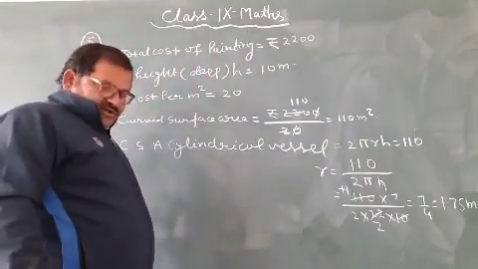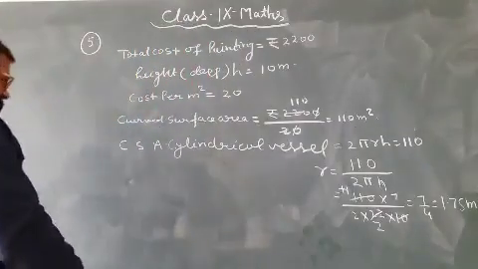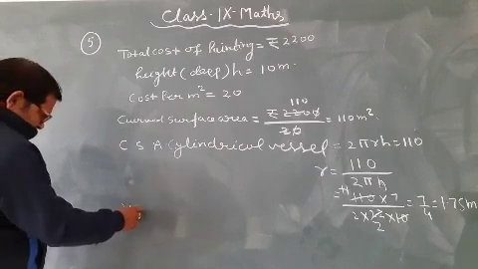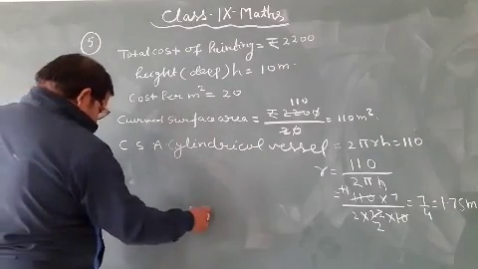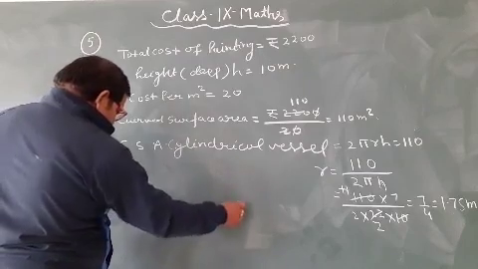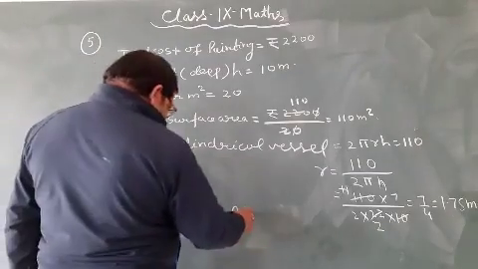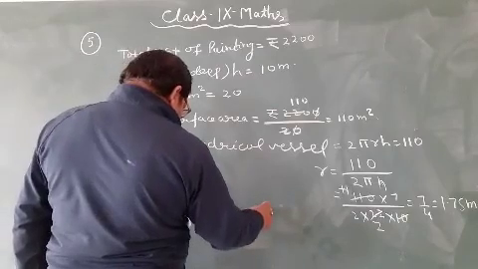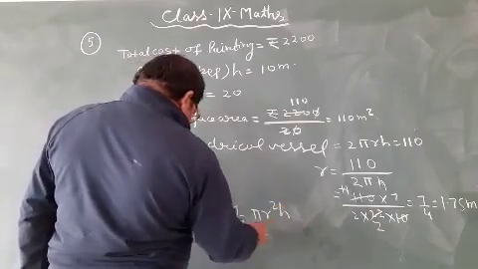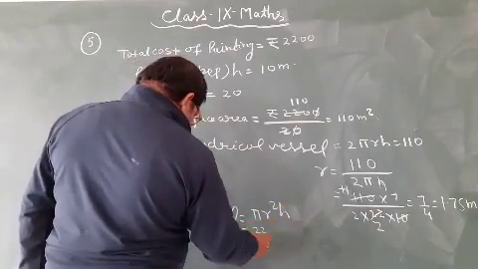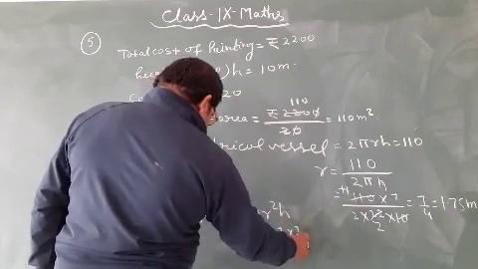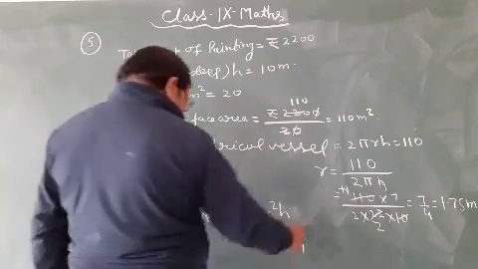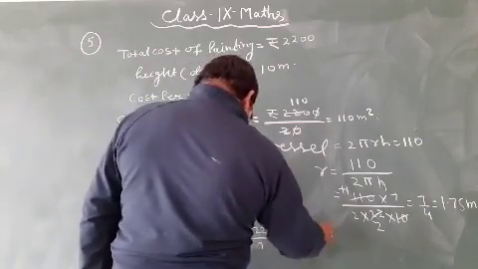1.75 meter is the radius, and third is the volume of the vessel, which is equal to pi r square h, 22 by 7 into 7 by 4 into 10.